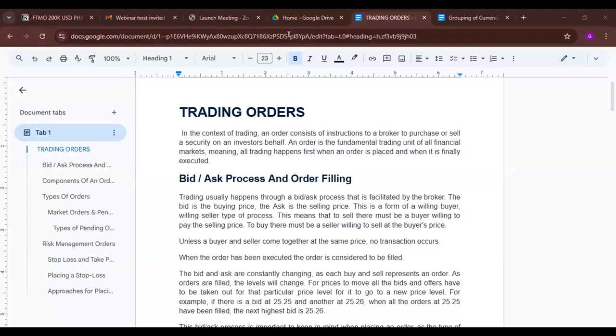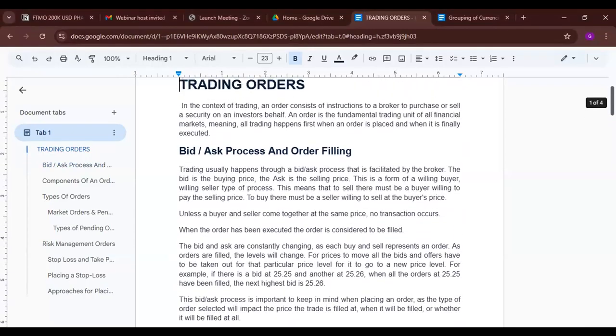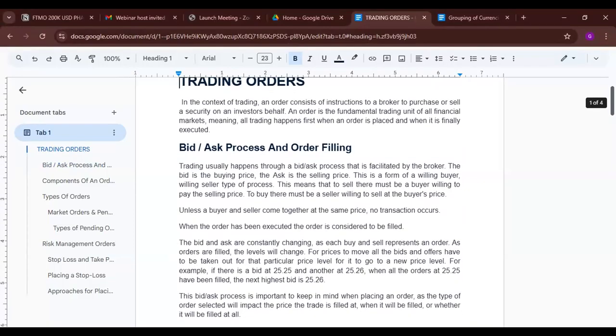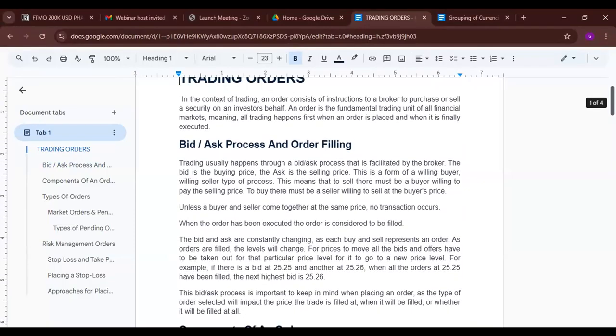Yes, thank you. I think by now we already understand what an order is, but I'll go through it quickly, then show you step by step how to place these orders in the markets. An order consists of instructions to a broker to purchase or sell a security on an investor's behalf.